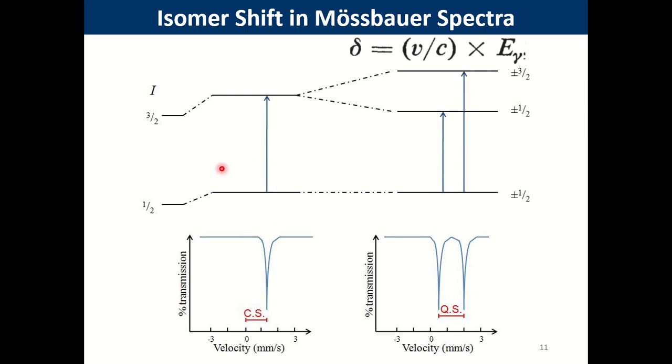Chemical shift is how the nuclear energy levels have been changed. And this is the second part. We will cover it later, that the quadrupole splitting occurring due to this factor. This is an additional factor that comes in due to the electric field gradient at the nucleus.